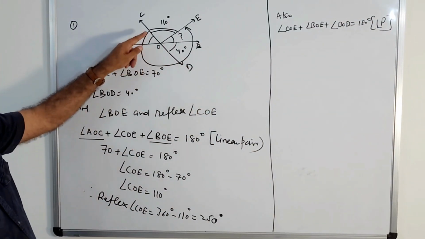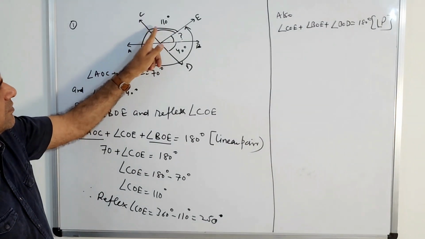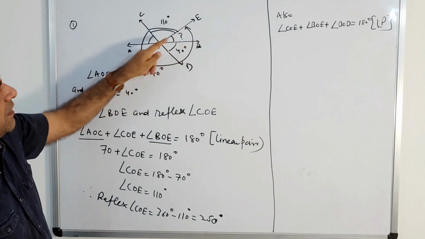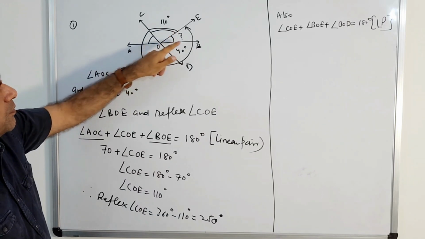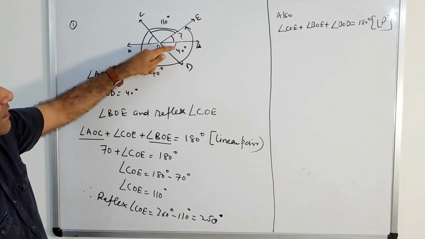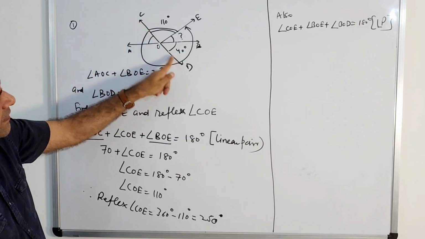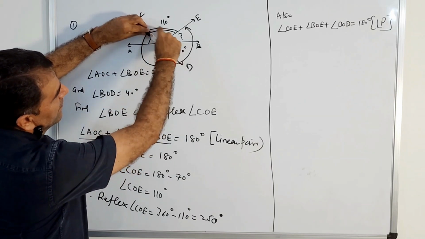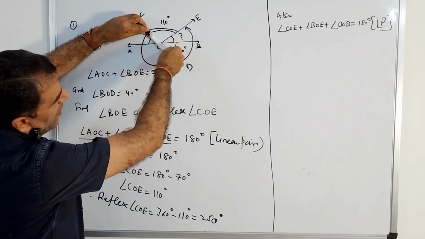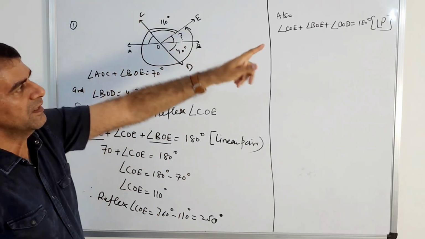Just see, COE, this one, plus BOE, this small angle, plus DOB or BOD, this angle. So this is a line, and on the line three angles are there. This plus this plus this, all on the line. So the sum is 180 degrees.